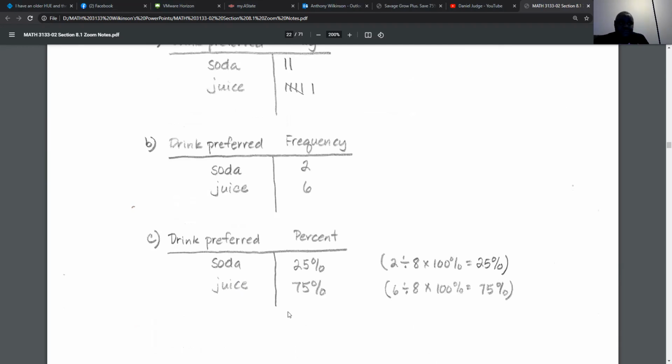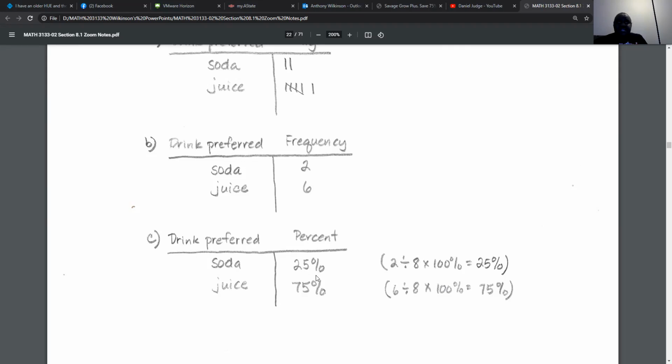Now, for soda, to get the percent of those students who prefer soda, we do this. There were 2 students that preferred soda, so that's 2 divided by 8, which is the total number of students that were surveyed. 2 plus 6, that's 8. So 2 divided by 8, and then we multiply that by 100% to get 25%.